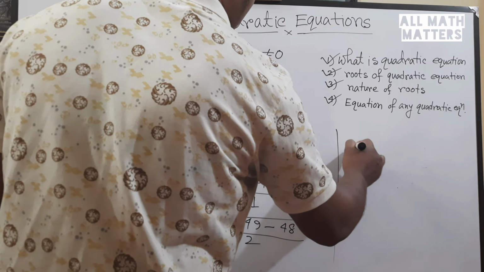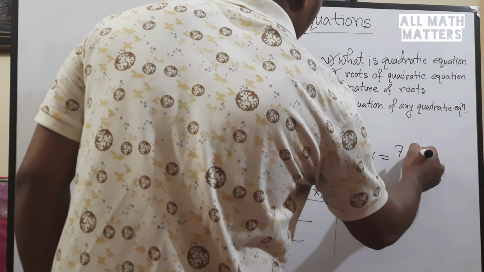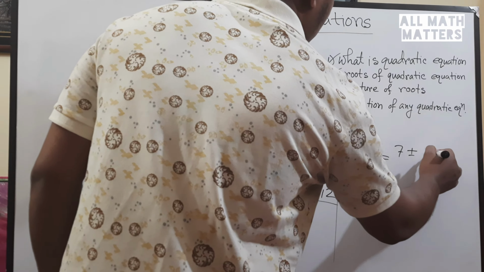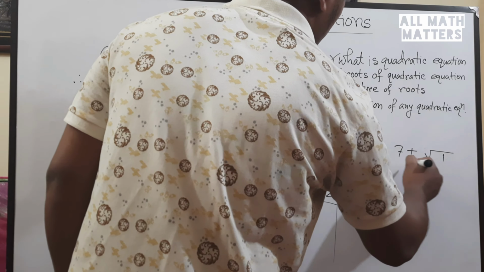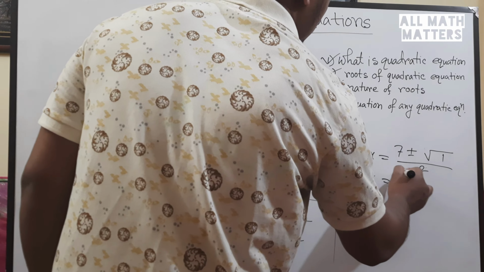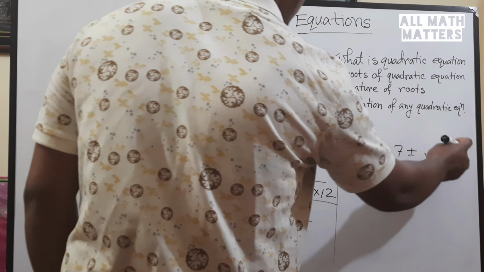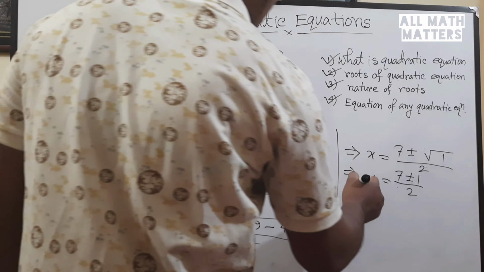Okay, now finally we can write it like that, x = (7 ± 1)/2, because if we take the square root of 1 then it becomes 1.